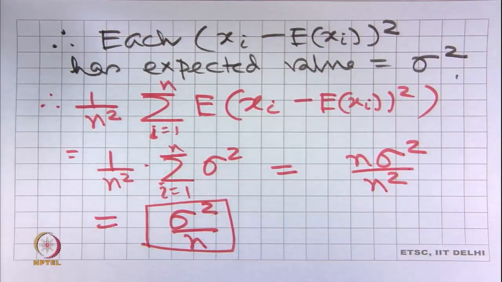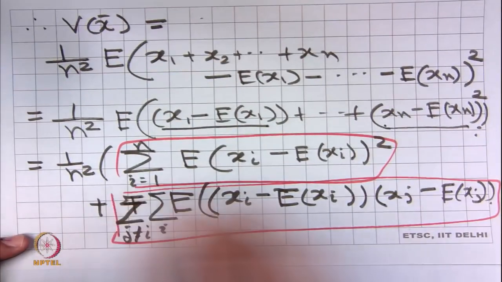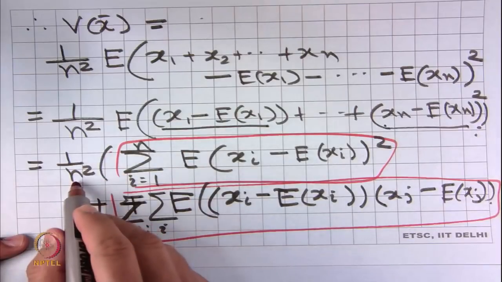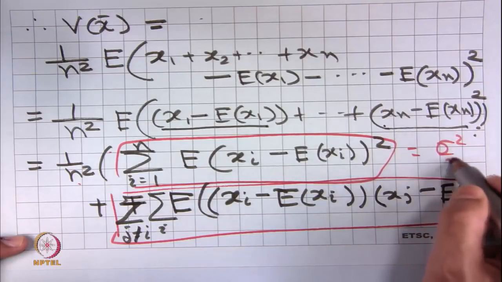So if we go back to my old slide, this first term when multiplied by 1 upon n square is actually giving you sigma square by n.